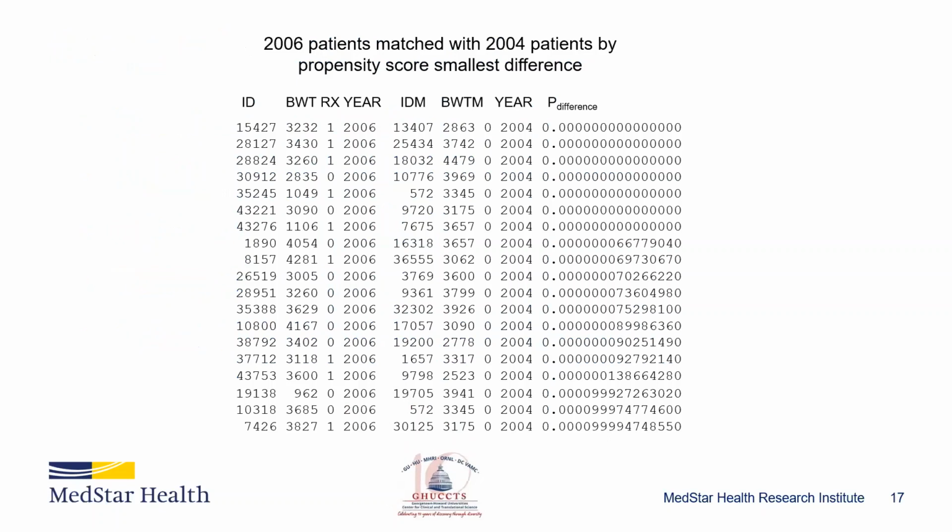So here's an example of just a few of the data points in our data set. What I have here is the intervention patients in 2006, and then the prior intervention patients in year 2004. I've calculated the difference in their propensity scores. You can see that all of these are less than our cutoff criterion of 0.0001.